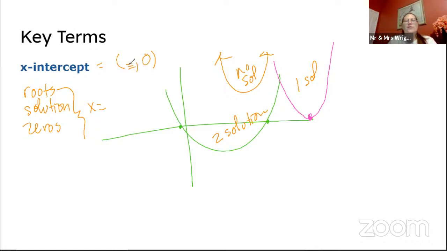And your x-value is what you need to find. And we went over that in our last unit. We went over all different kinds of ways to figure out what your root, your solution, or your 0 is. And that's what you're going to put into that blank spot in the ordered pair of the x-intercept.